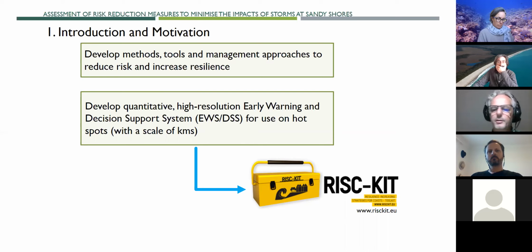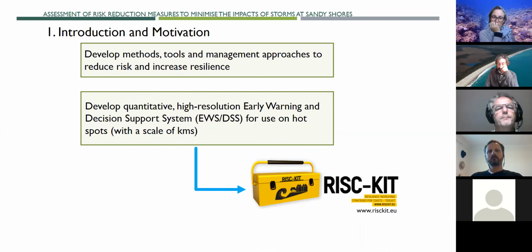So after knowing what the main hotspots on a coastal area are, detailed models have been used to define an early warning system. I'm not so much talking here about the early warning system, but more on the decision support system. So how to use these models to have a decision support system that can be useful for coastal managers, for instance.